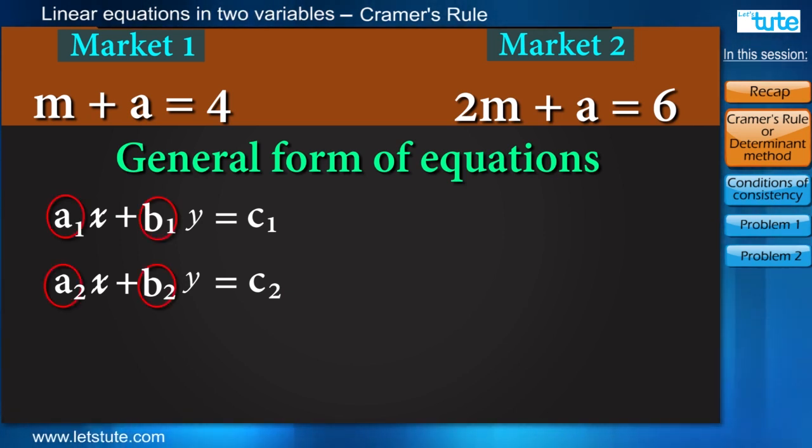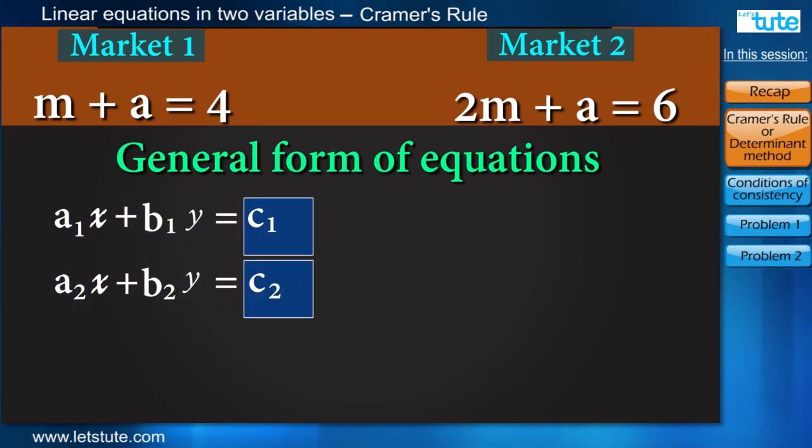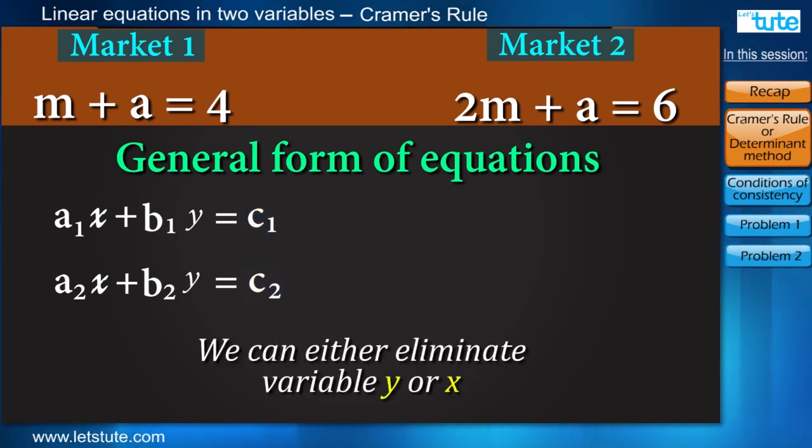Now here, a1, b1 and a2, b2 are the coefficients, and c1, c2 are the constants. He eliminated the variable y by making its coefficients equal.